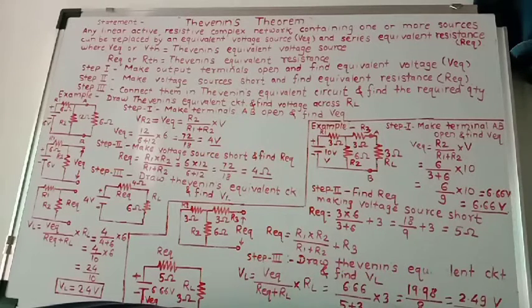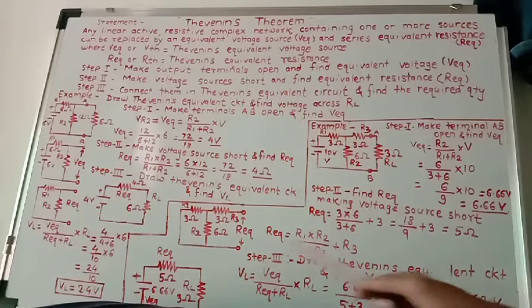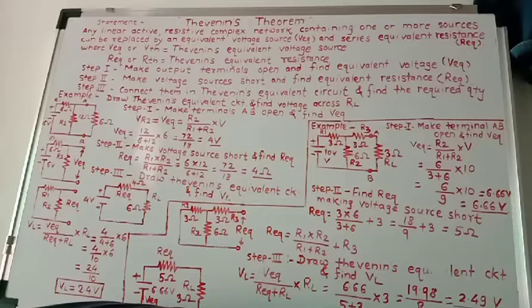So IL into RL means VL. 6.66 into 3 is 19.98, divided by 5 plus 3, which is 8. 19.98 divided by 8 is equal to 2.49 volt. So load voltage is 2.49 volt. Okay students, so we will stop here.